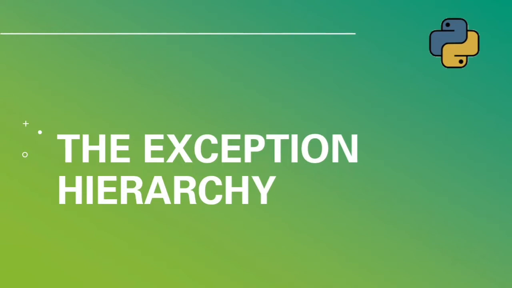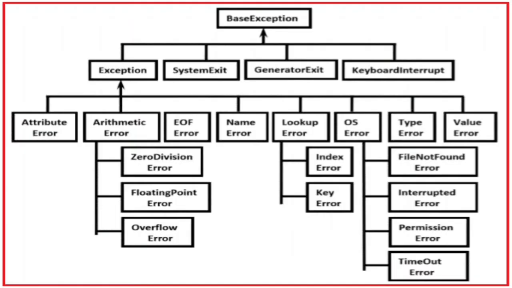Yes, each and every exception in Python is treated as a class. Every exception is a class, and there is a complete hierarchy of classes present in the exception handling concept. So let us have a view on this. Now on your screen there is a chart which says that the base exception is the supreme, the topmost super class available with us.